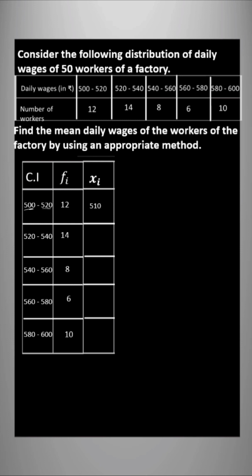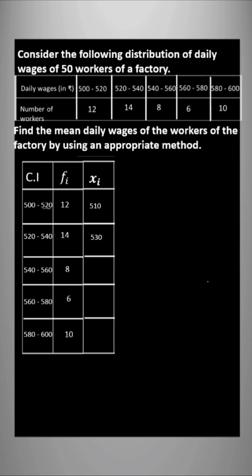Here you can observe that the size of the class interval is 20, isn't it? So now we can go on adding 20 to each class mark to get the next one. Here 510 plus 20 is 530. So and so on. So the next class mark is 530.